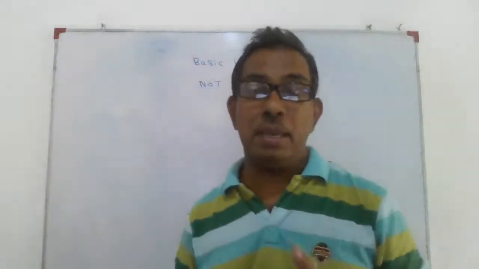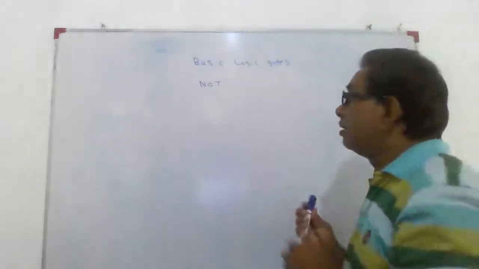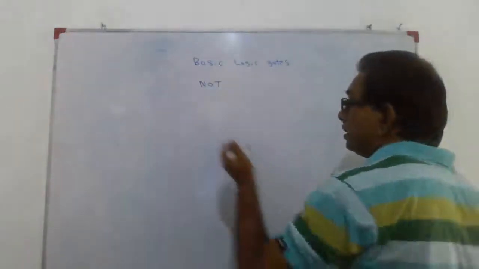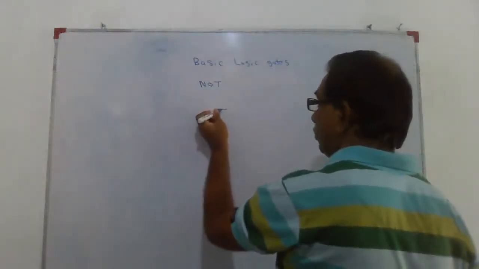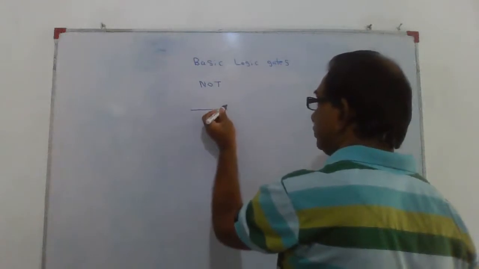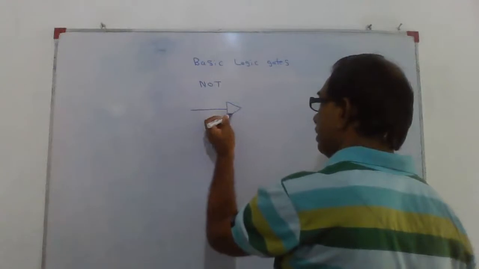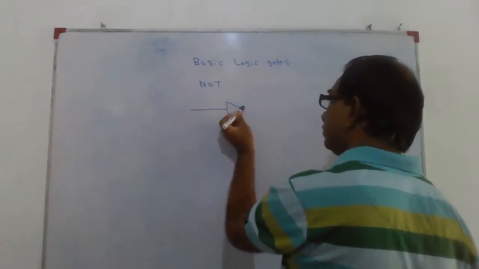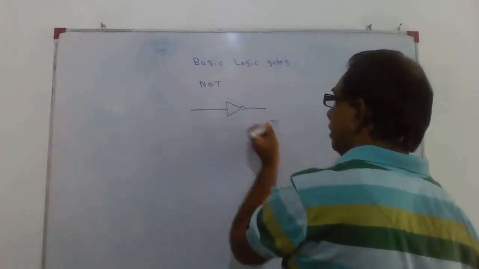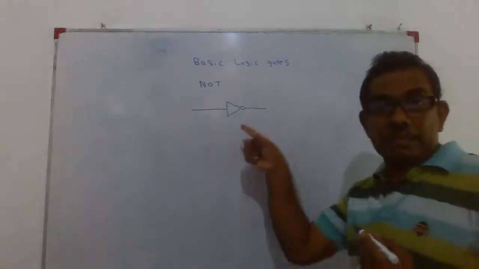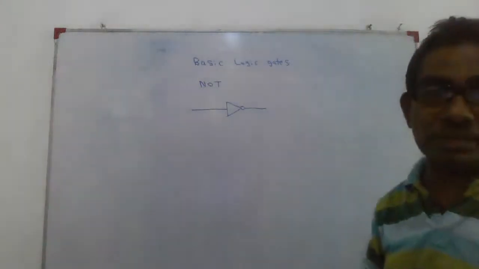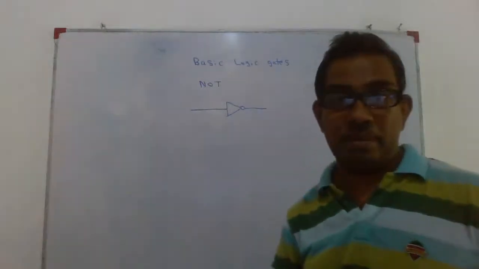Let's see how to draw it. We always draw NOT gate with this symbol. We call this symbol the inverter.